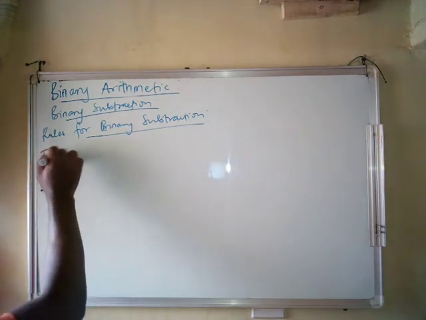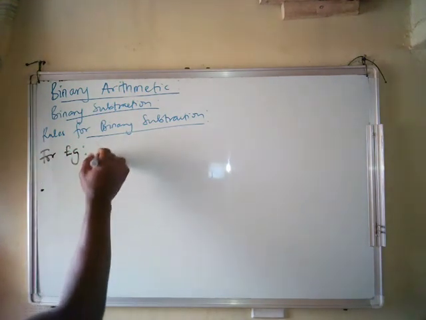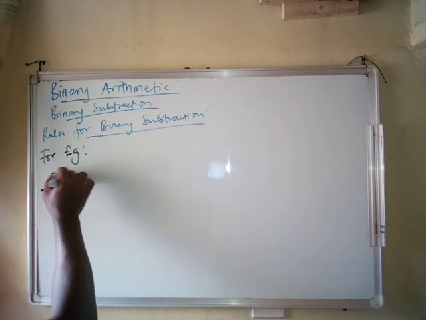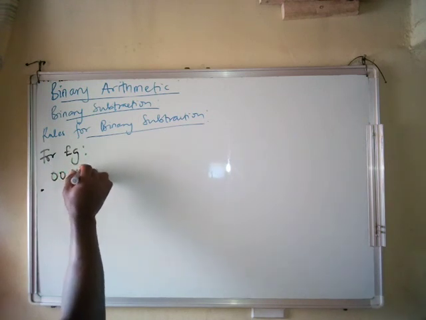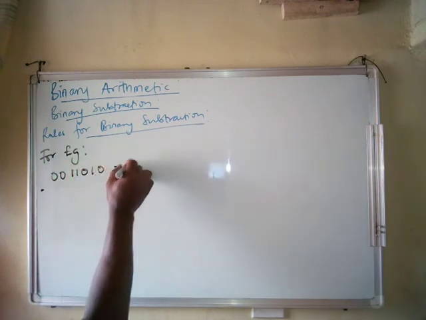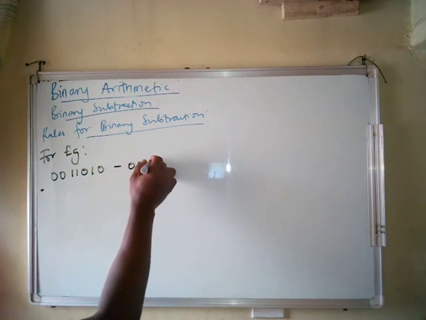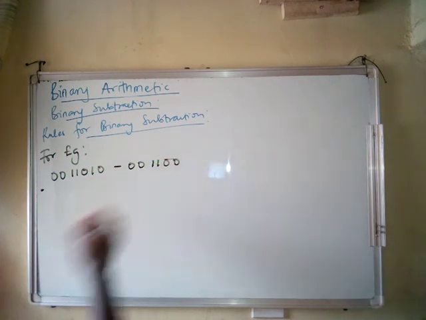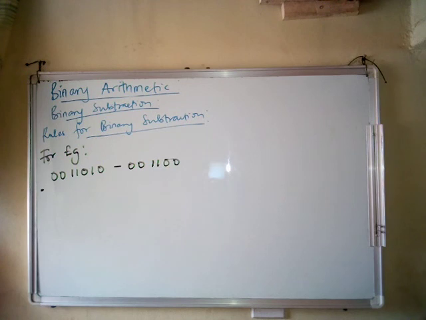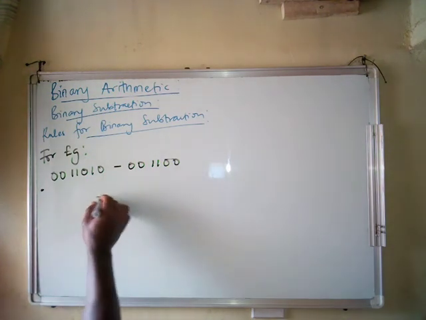So for example, you have 0 0 1 1 0 1 0 minus 0 0 1 1 0 0. So just the same thing. So let's check that out.